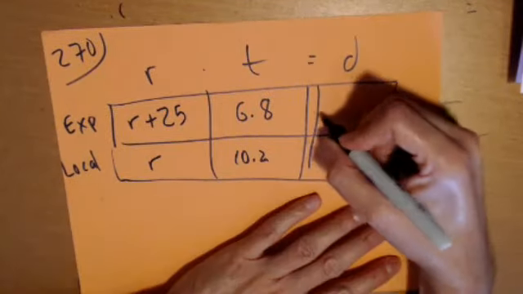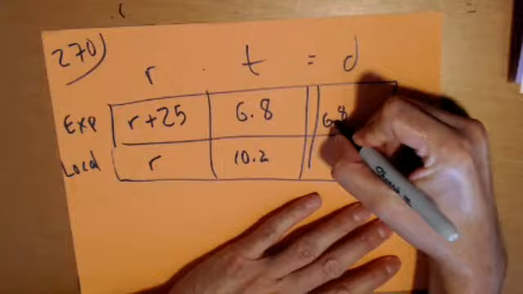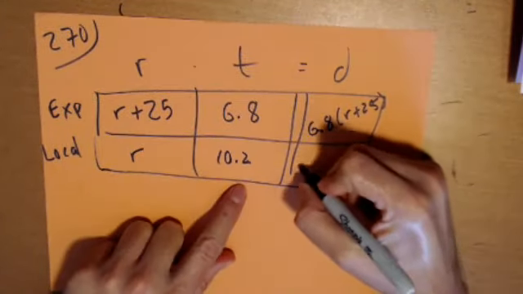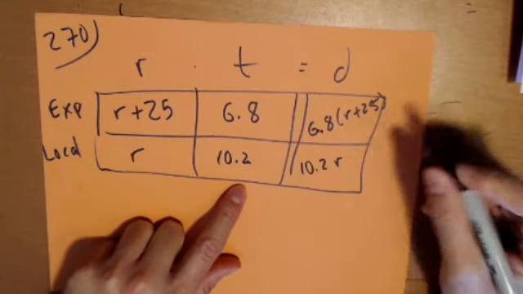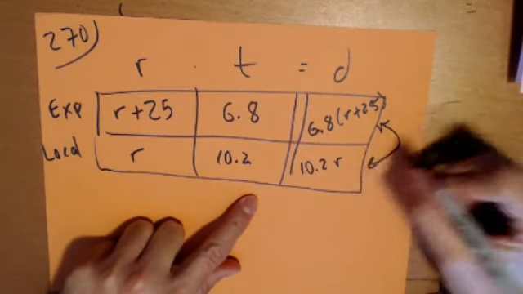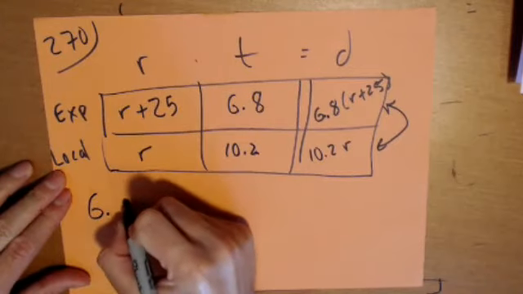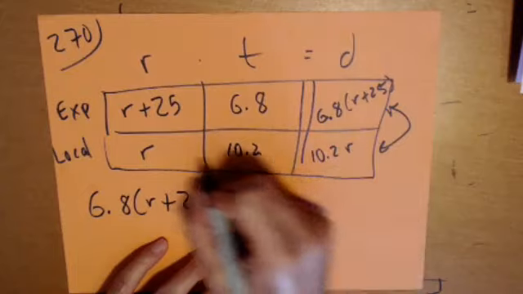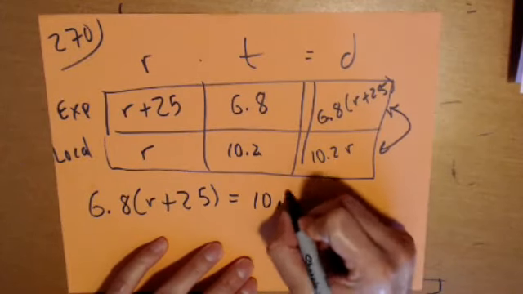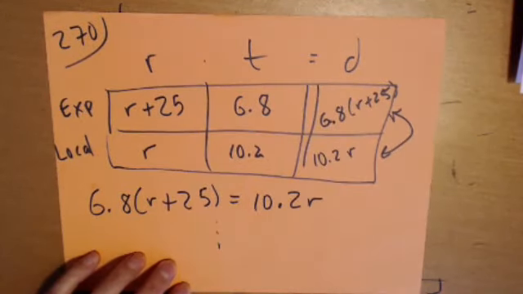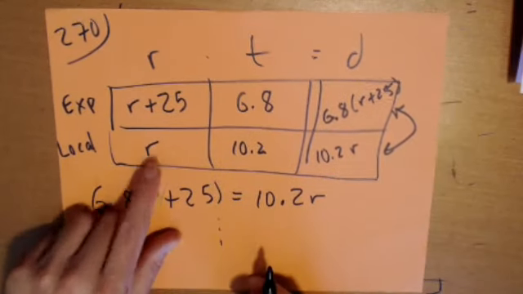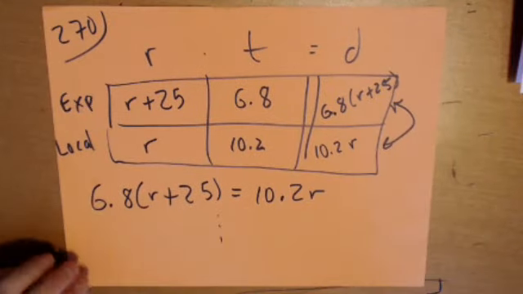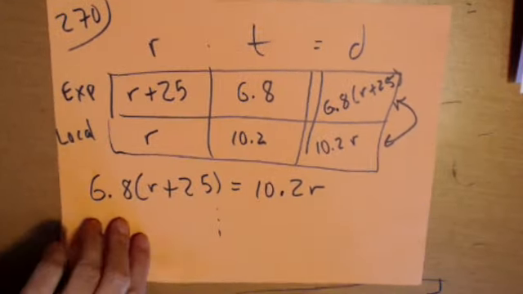This times this is that. 6.8 times R plus 25, and then this one 10.2 times R, and then the distances they drove are the same, so we set them equal to each other. 6.8 R plus 25 equals 10.2 R. Once you solve for R, that's the speed of the local bus, add 25, and that's the express bus. Ta-da! So keep going, you can handle it.